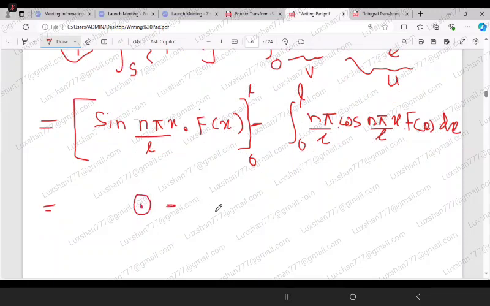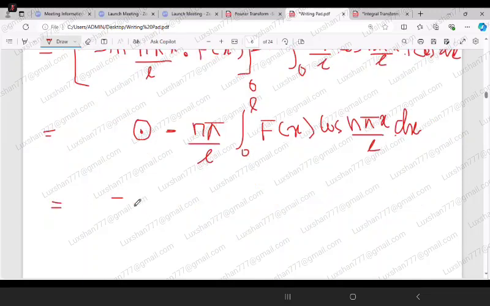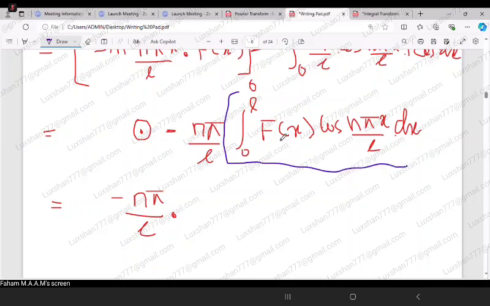minus, and I am taking n pi L out. So that is n pi L integration 0 to L. I'm writing the fx first, cos n pi x over L. So this is equal to minus n pi L into, what is this? Can anybody tell me what is this?